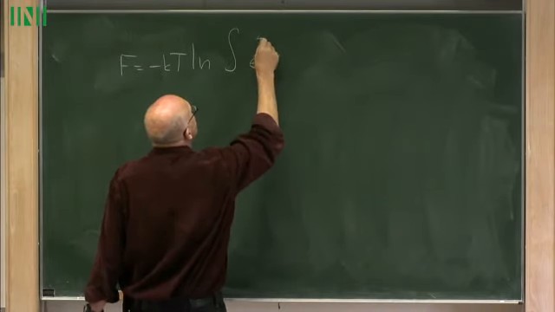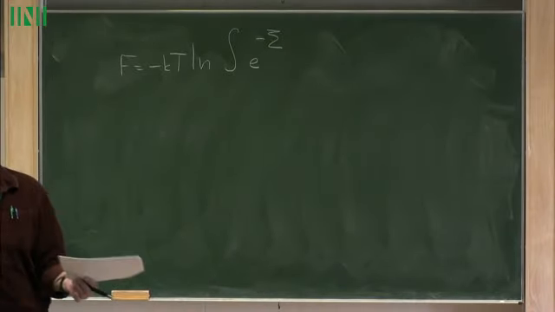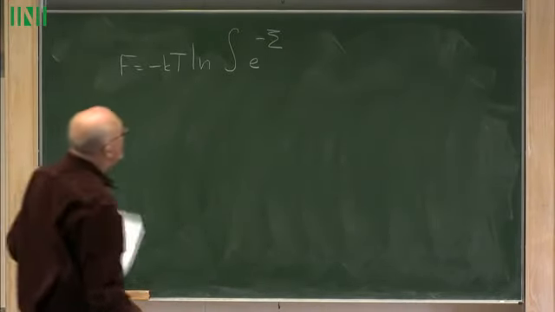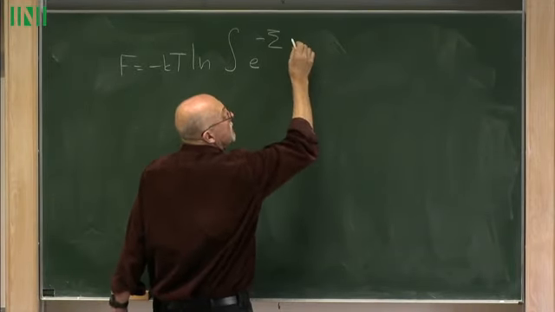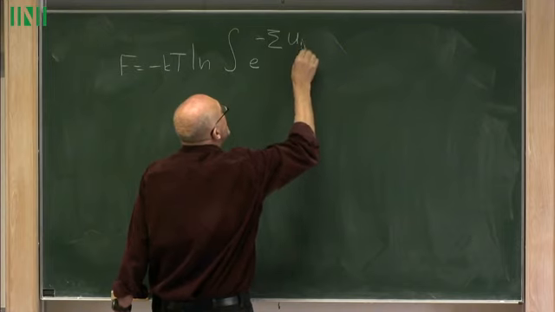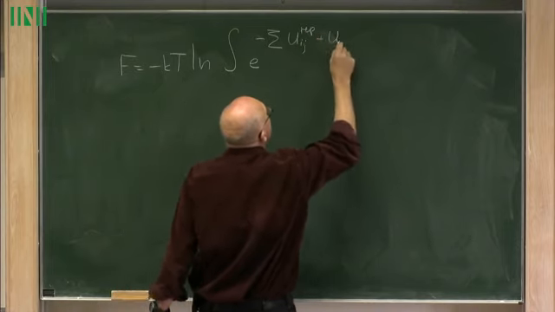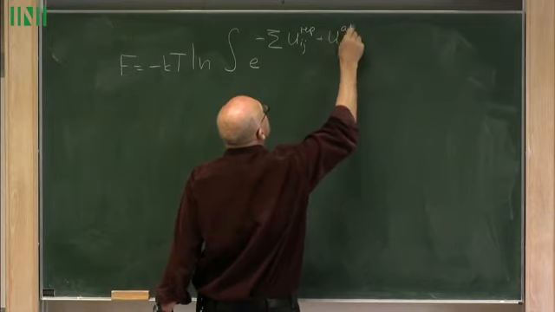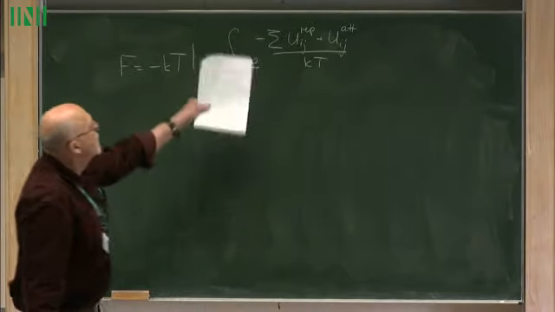If you assume we have pairwise interaction, we have to sum all the pair energies we can think of. So we have to sum all the uij's, which are repulsive, plus all the uij's which are attractive, over kT.